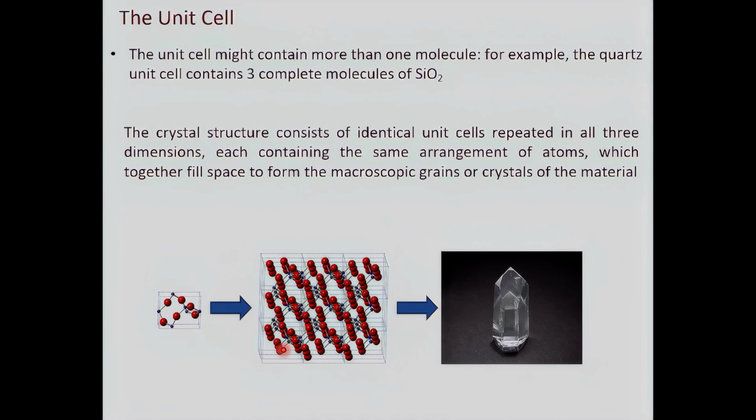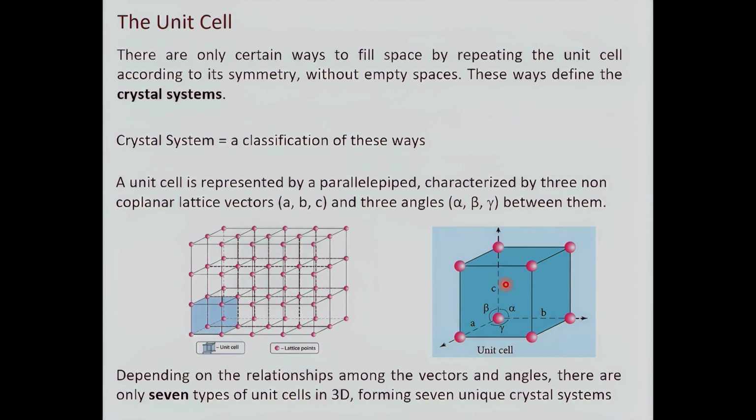Then the crystal structure, to summarize, consists of identical unit cells, each containing the same arrangement of atoms, which is translated in space to give us our final crystal. Okay, then we have understood how we can repeat something, what we repeat, and what is the minimal volume that we can repeat.